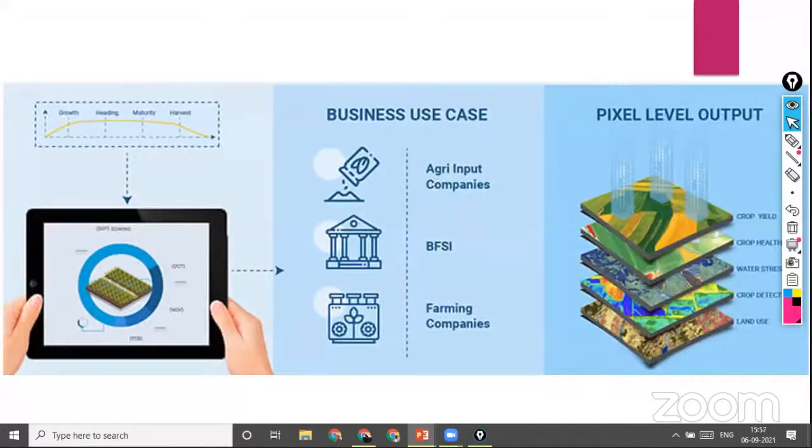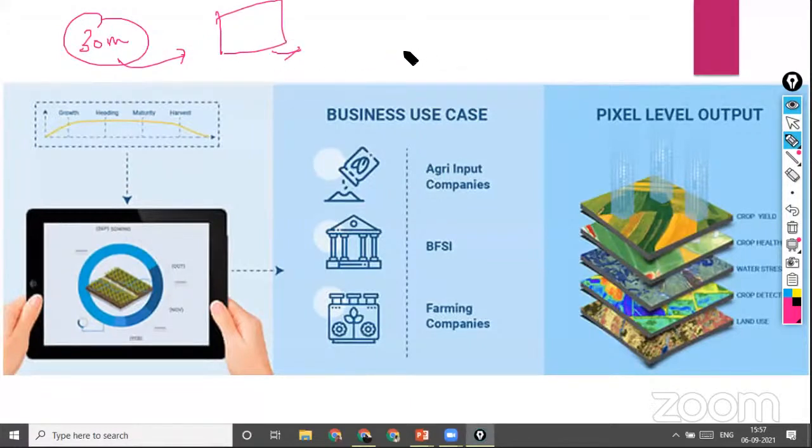For example, if the resolution of the pixel is 30 meter, you know that represents, say, a farm. If you have a large farm, maybe in acres. So with this high precision, high resolution, you'll be getting a lot of information corresponding to each farm.